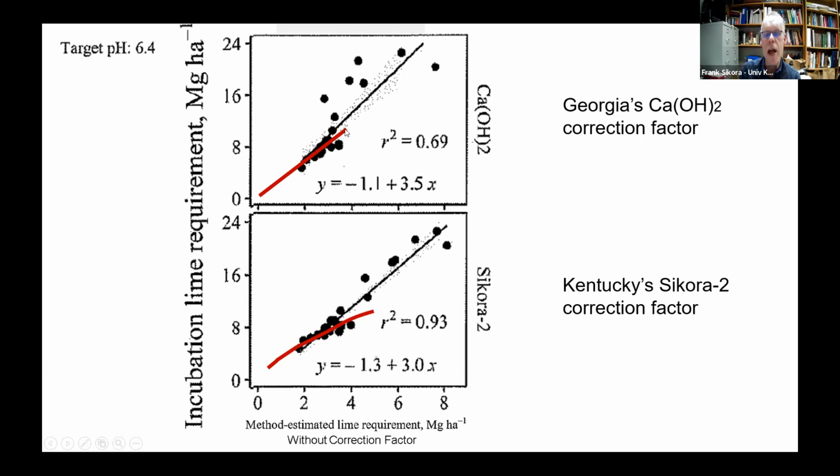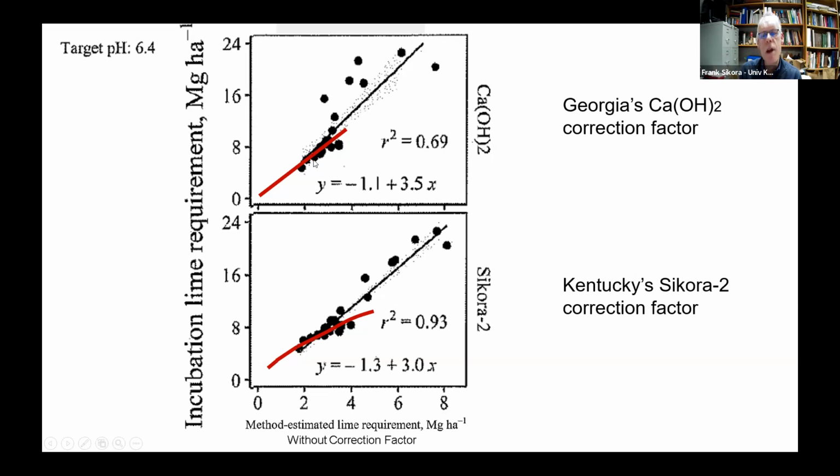These correction factors do not go to higher lime requirement because these are extremely high lime requirements, greater than 5 tons per acre. Both Georgia and Kentucky pretty much top off at a maximum lime requirement of usually just 5 tons per acre.